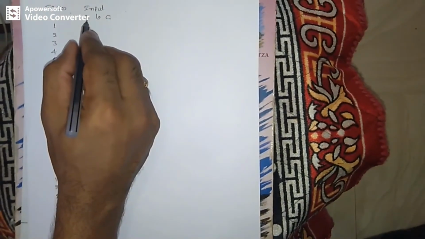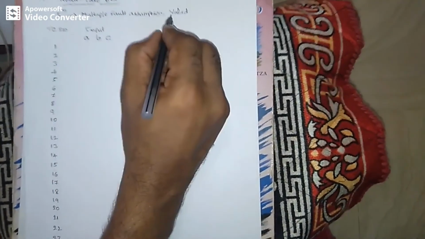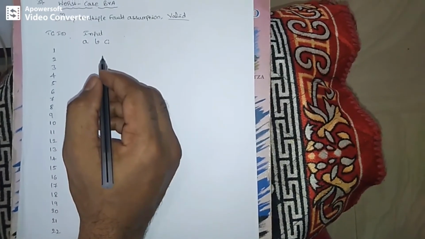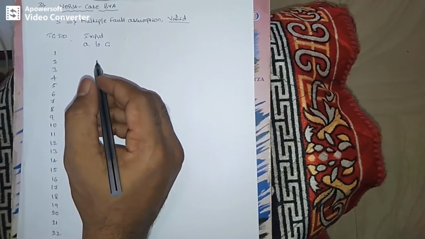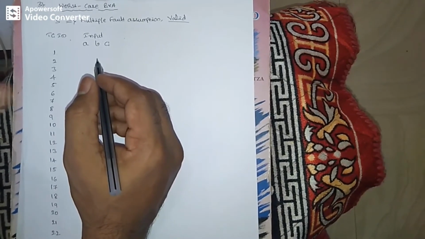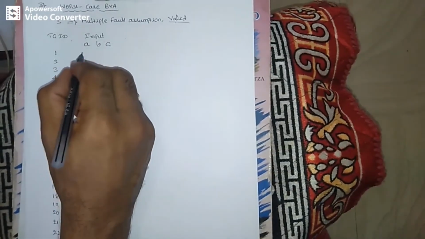Then, how to specify the input parameter list under the multiple fault assumption condition. Here all are valid input variables. Valid input variables means we are using the boundary values: minimum, minimum plus, nominal, max minus, and maximum. These are the 5 values we use for the valid input variables. Now you can concentrate here.